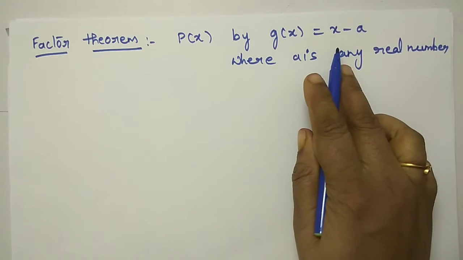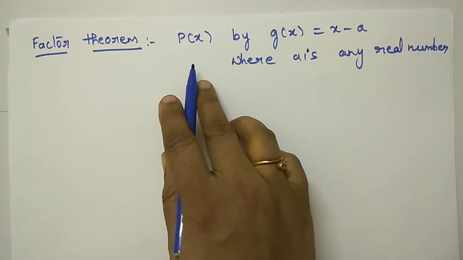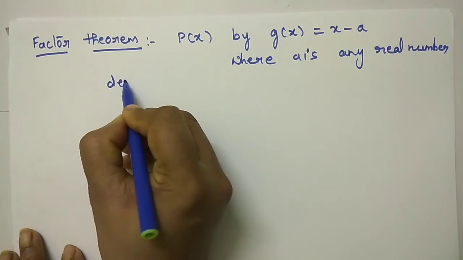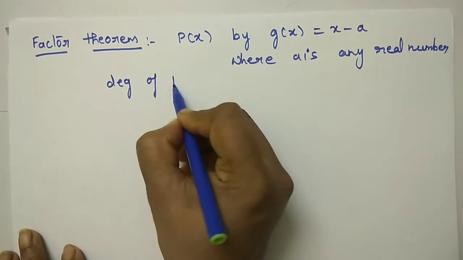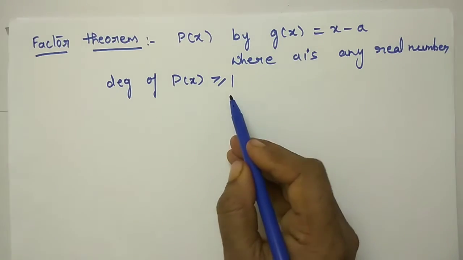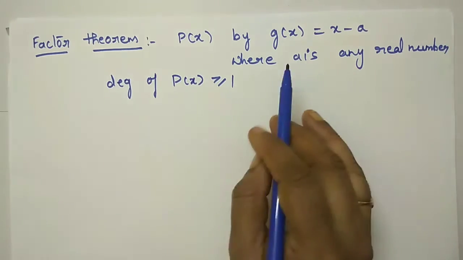Here the degree of g of x is 1, it is a linear polynomial, so the degree of the polynomial P of x will be greater than or equal to 1. Only if this condition is satisfied can we divide a polynomial P of x by g of x. It is clear.